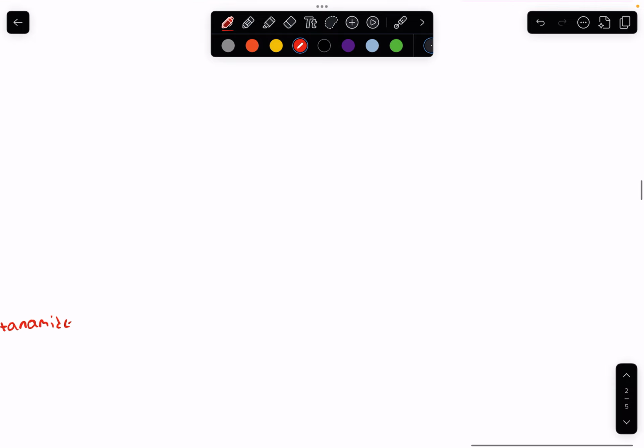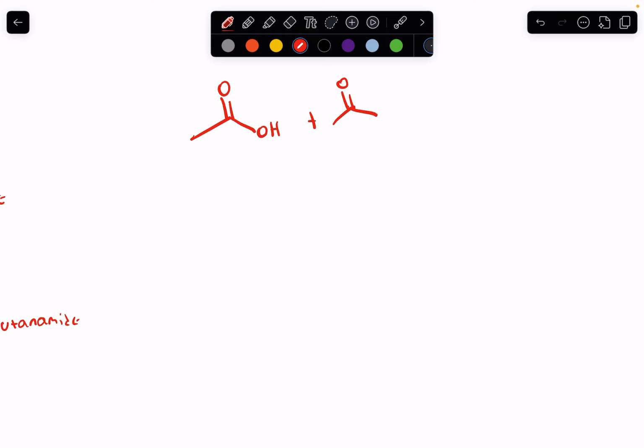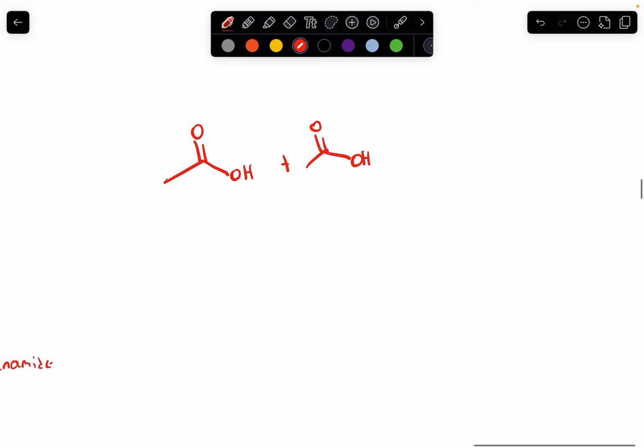So next and the last derivative is what we're going to call an anhydride. So an anhydride is actually formed from two carboxylic acids reacting with each other. So this will form something that looks like this, in acidic conditions. Now the way that we name these is another pretty easy one where the suffix is just anhydride.